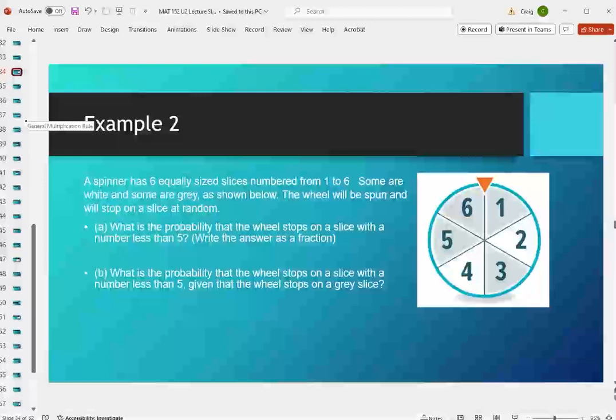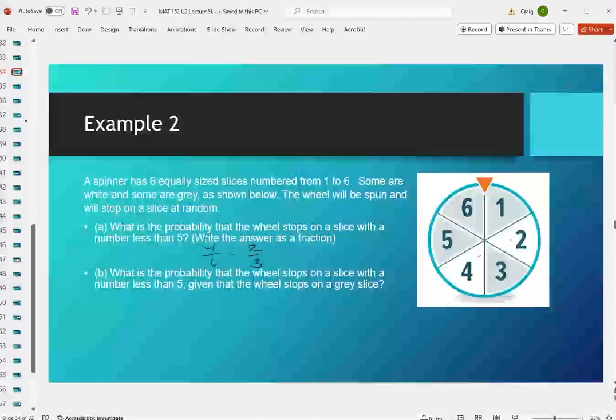We're going to spin the wheel, it's going to land on one of these 6 numbers. What's the probability that the wheel stops on a slice with a number less than 5? Okay, well, if we look, there are 1, 2, 3, 4 numbers less than 5. So 4 out of 6. And so there's a 2/3 chance that it lands on a slice with a number less than 5.